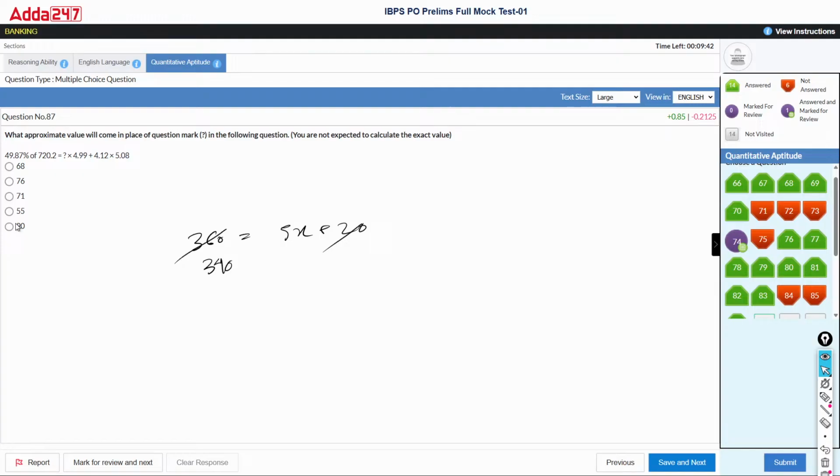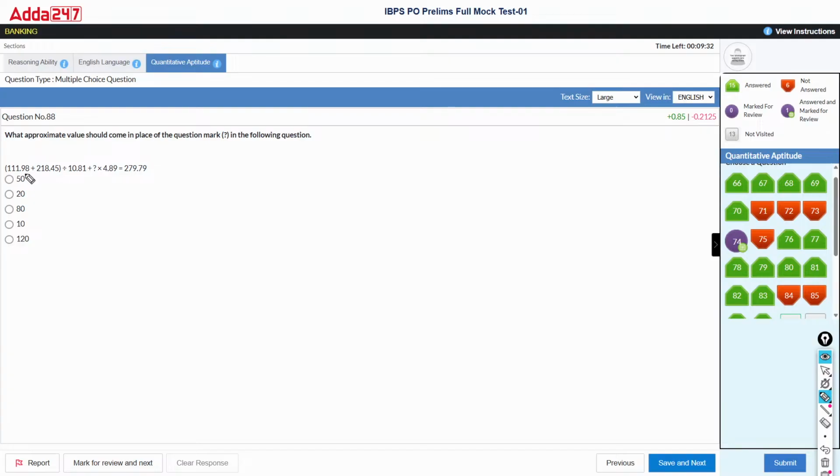So 70. 74 actually, or rather 78, no, or 68. 112, 2, so 330 by 10 or 11. 30 plus 5x equals 280, so 50.